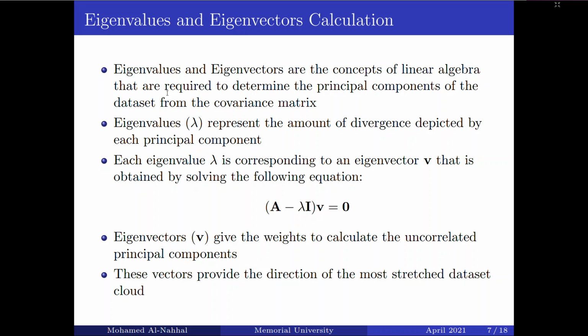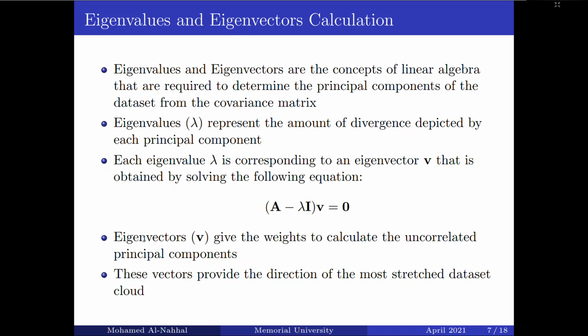The eigenvalues represent the amount of divergence depicted by each principal component, and each eigenvalue corresponds to an eigenvector that can be obtained by solving this linear algebra equation, where A is an n by n dimensional matrix, I is the identity matrix, lambda is the eigenvalues, v is the eigenvectors.